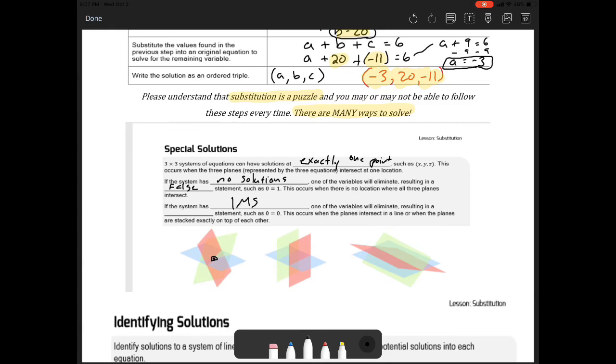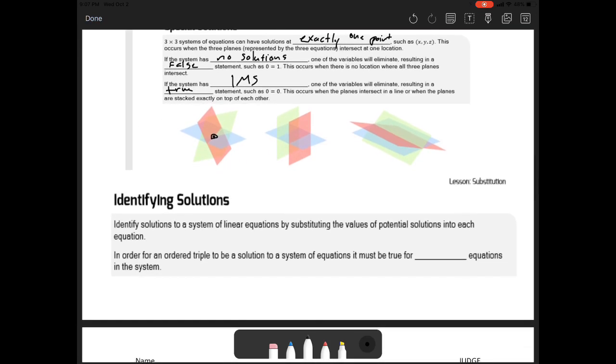If the system has infinitely many solutions, one of the variables will eliminate, resulting in a true statement. So it's exactly as we said before, guys. If there's something that's always true, it's going to be infinitely many solutions. If it's not, then we're going to have no solutions.